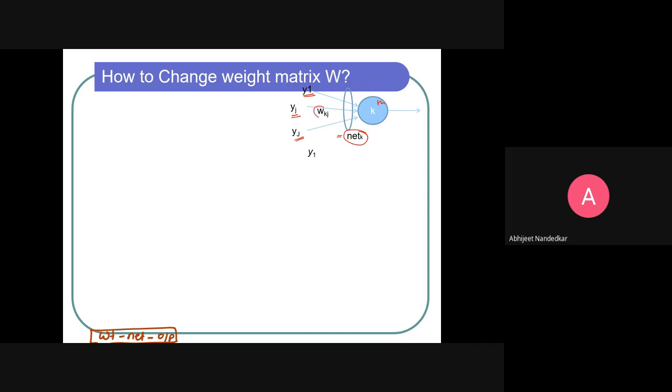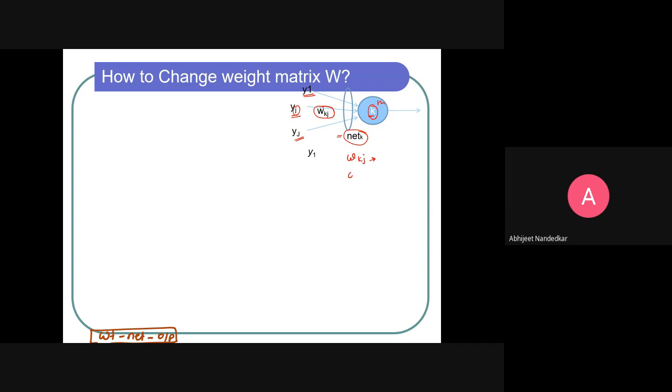So wkj is the weight between the kth neuron and the jth input. We write wkj for the weight between the kth neuron and the small jth input.